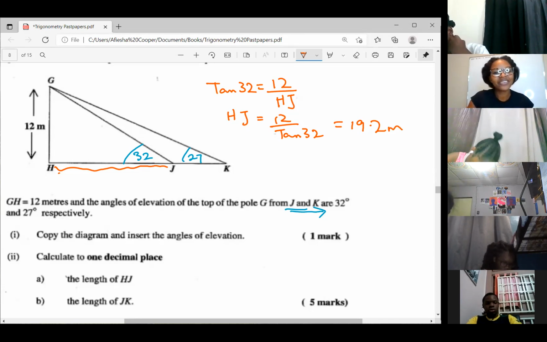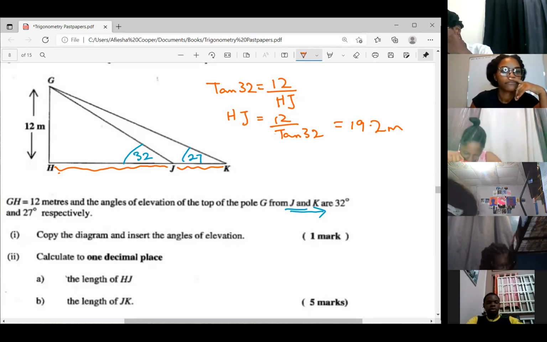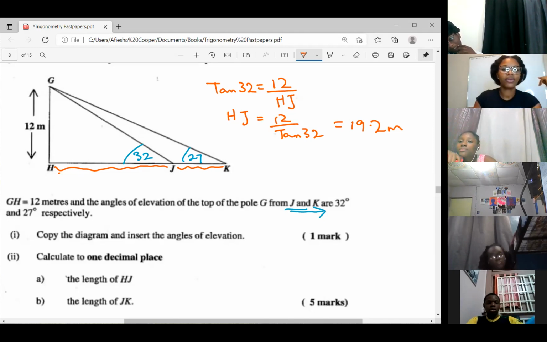All right. So what do they want now? JK inside here. So it looks like we could use what now? We could use so many different things. Actually, no, only one thing. What can we use?